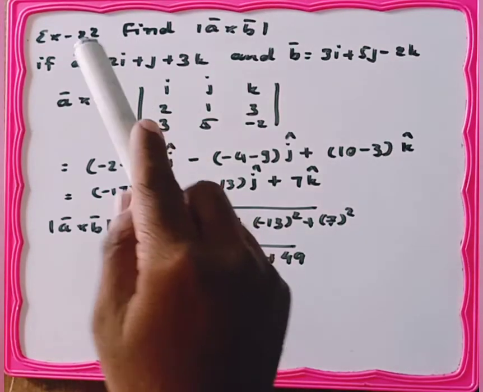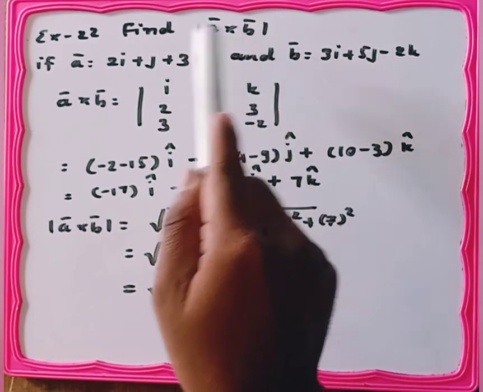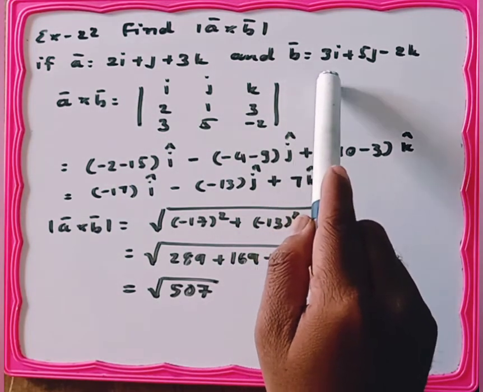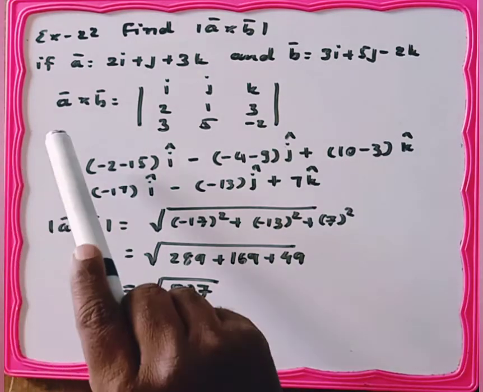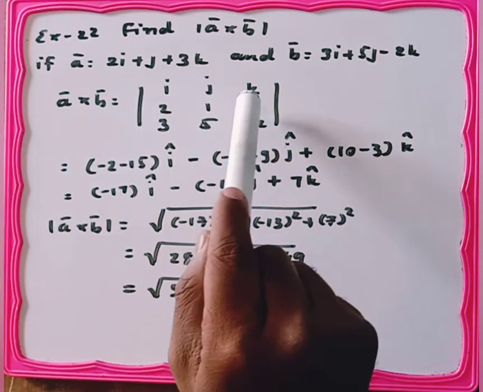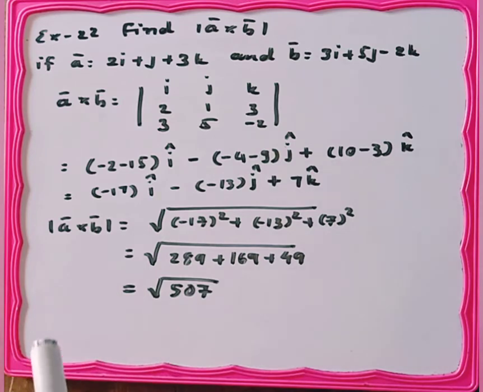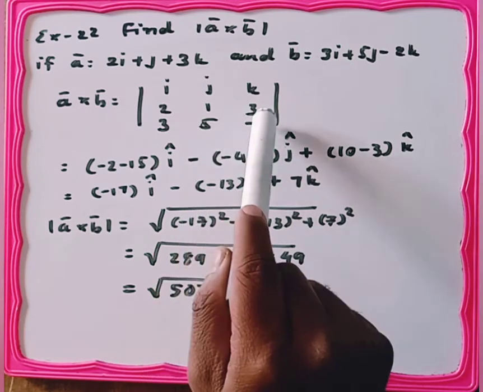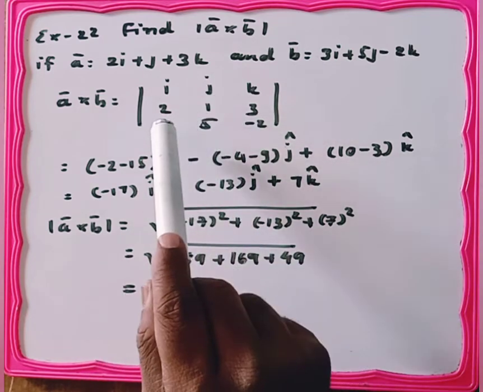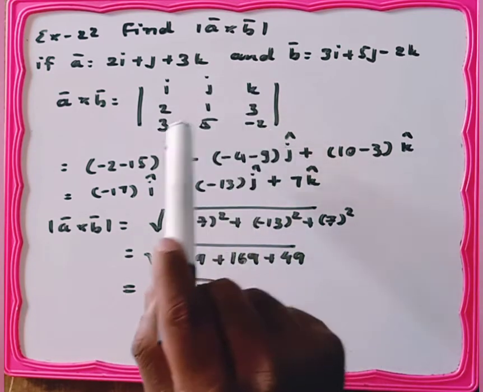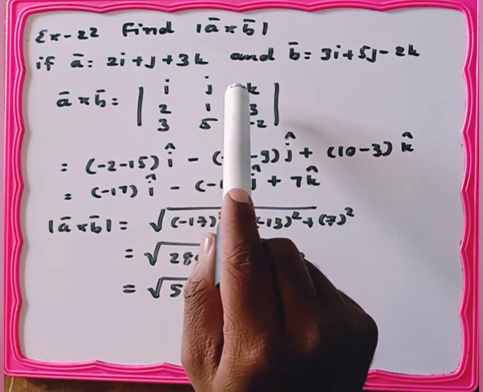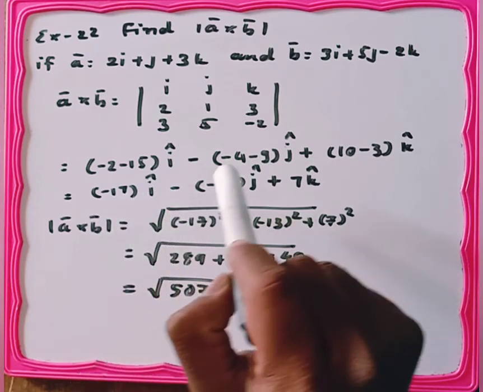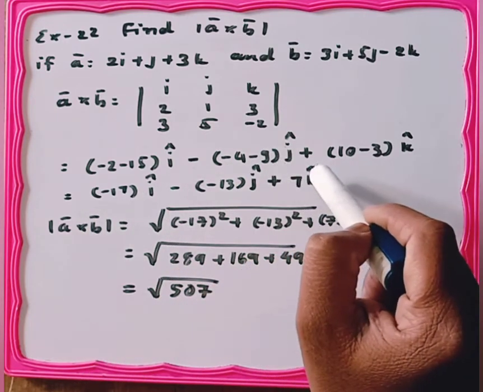We have example 20: find the magnitude of a bar cross b bar, where a bar equals 2i plus j plus 3k and b bar equals 3i plus 5j minus 2k. So a bar cross b bar we calculate, then the determinant of i j k, 2 1 3, 3 5 minus 2. So i into (minus 2 minus 15), minus j into (minus 4 minus 9), plus k into (10 minus 3), which will be minus 17i plus 13j plus 7k.